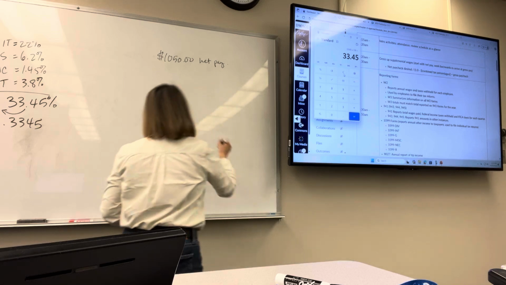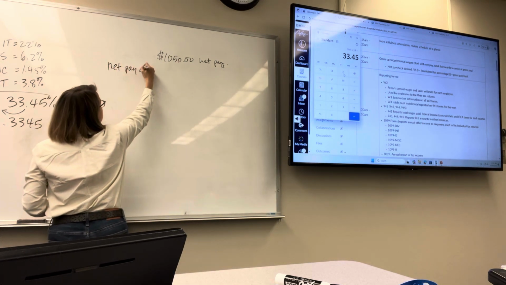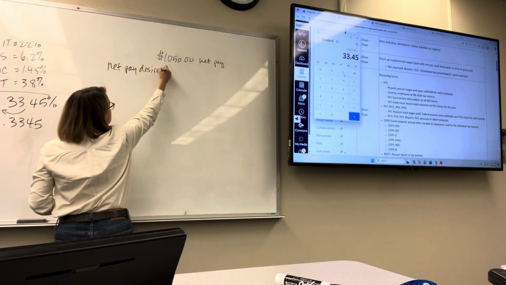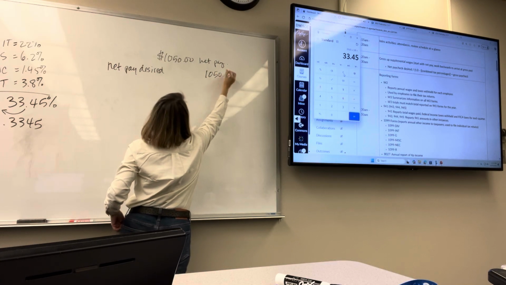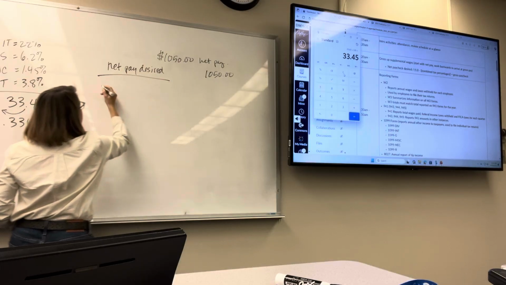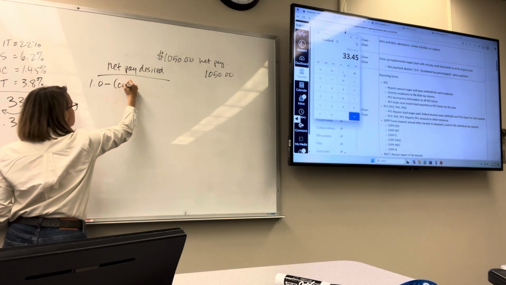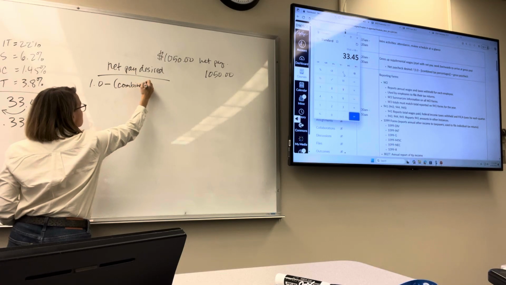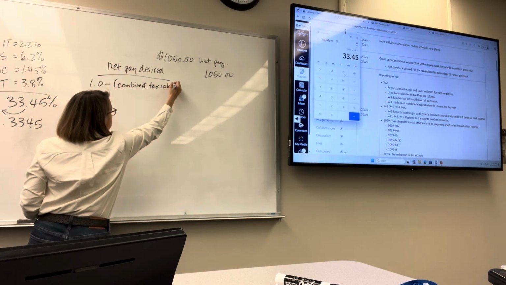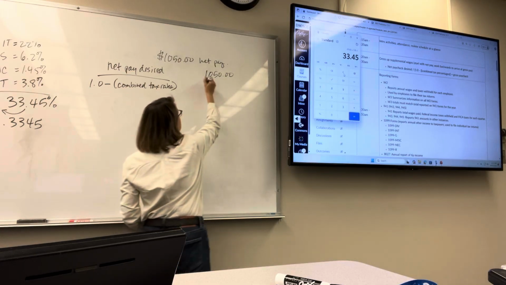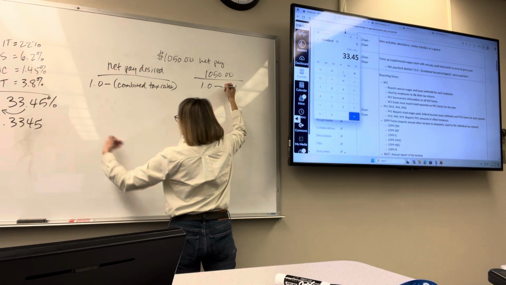Here's the equation. We want our net pay desired, which in our case is $1,050, divided by 1.0 minus our combined tax rates. So 1.0 minus 0.3345.